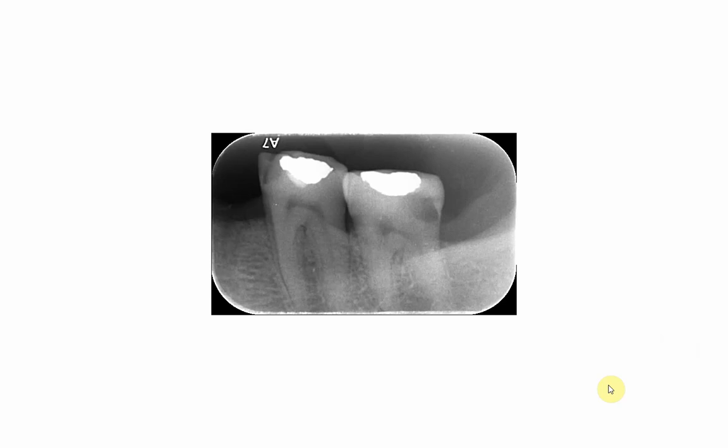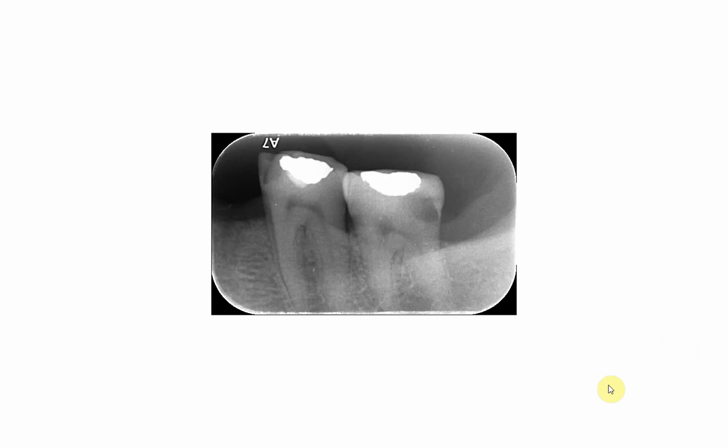The higher the density of the component, whether it is a single component or multiple components, which is usually the case in restorative materials, the higher the atomic number of a material, the more radio opaque it will be.